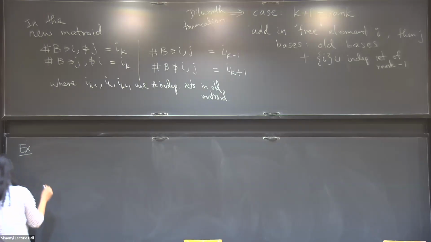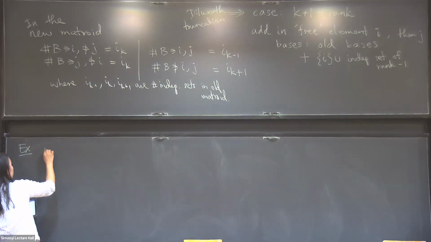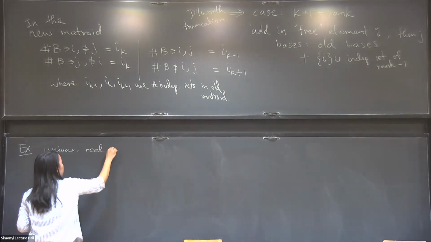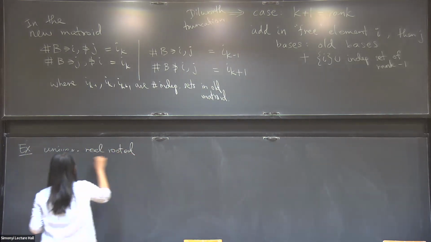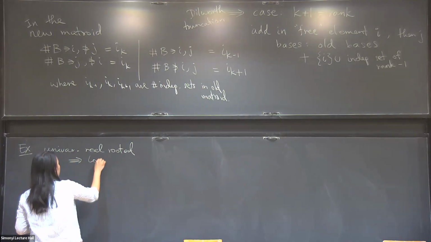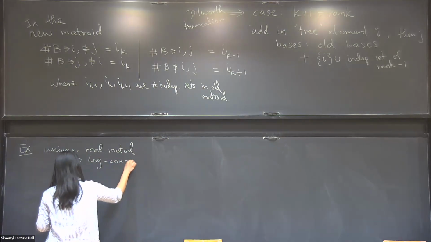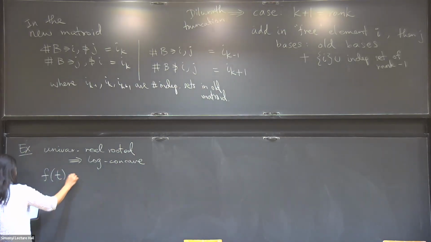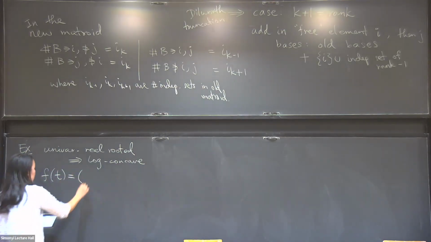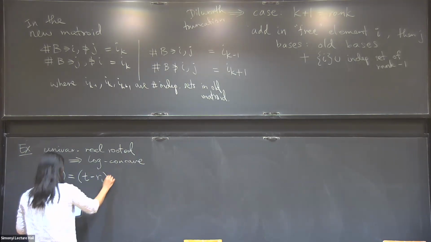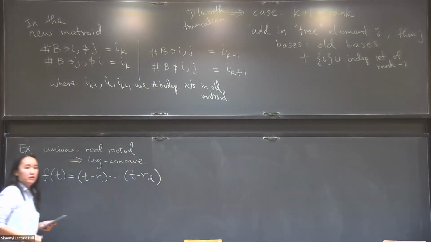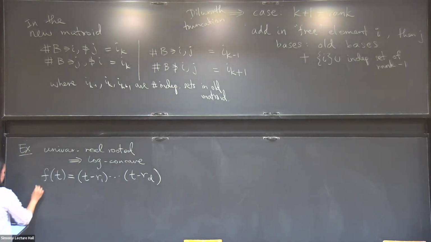So for example, univariate real-rooted polynomials are log-concave. We can look at it directly from the definition. Real-rooted means that I can factor it as a polynomial like this. And then let's look at the logarithm.